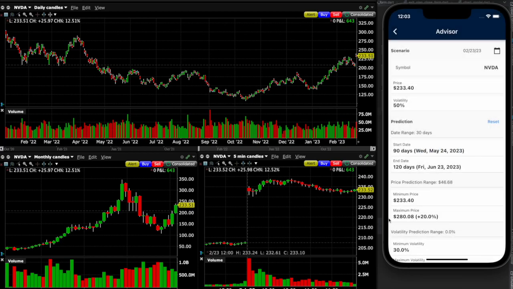Next, let's make some predictions about the stock. I'm predicting a short-term, 60 to 100 days, bullish movement from NVIDIA. For the price, I'm predicting in the worst case, it will stay roughly the same.